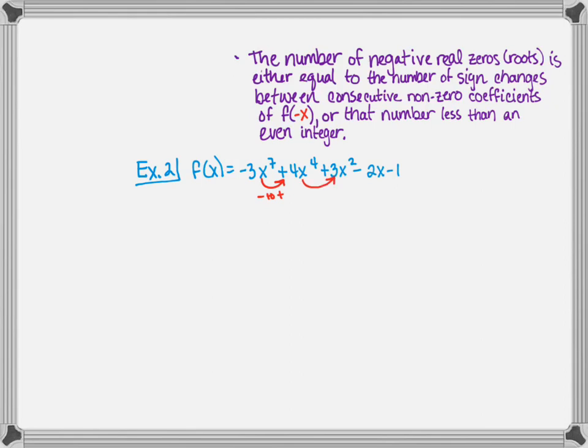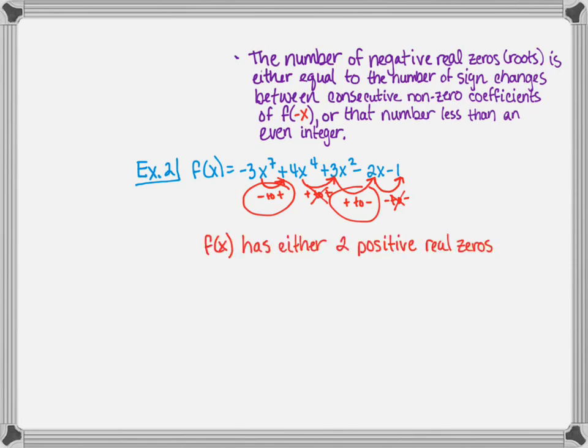From our second to our third term, it's positive to positive, so we're not changing signs. We're not really caring about that. Then we go from positive 3 to negative 2. That's a positive to a negative, so that's a sign change. And then finally, negative 2 to negative 1, negative to a negative, that's not a change, so we don't care about that one. We have 1, 2 sign changes.